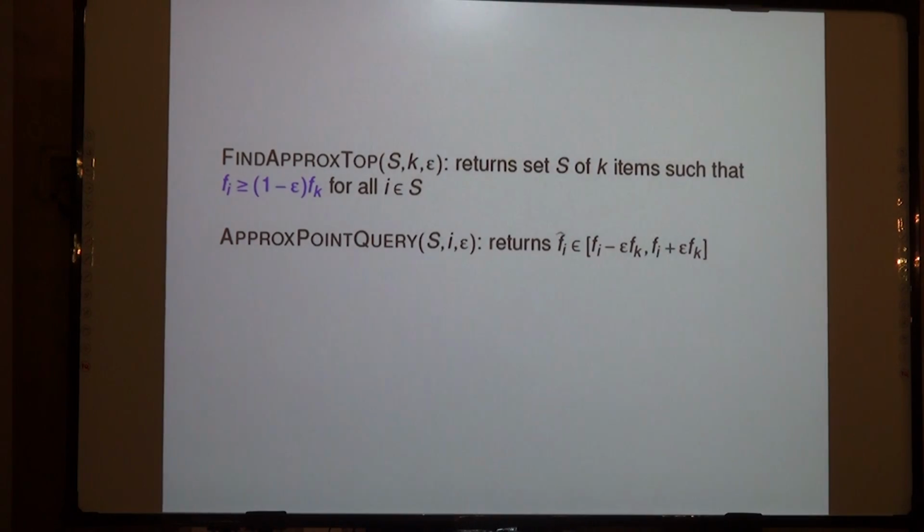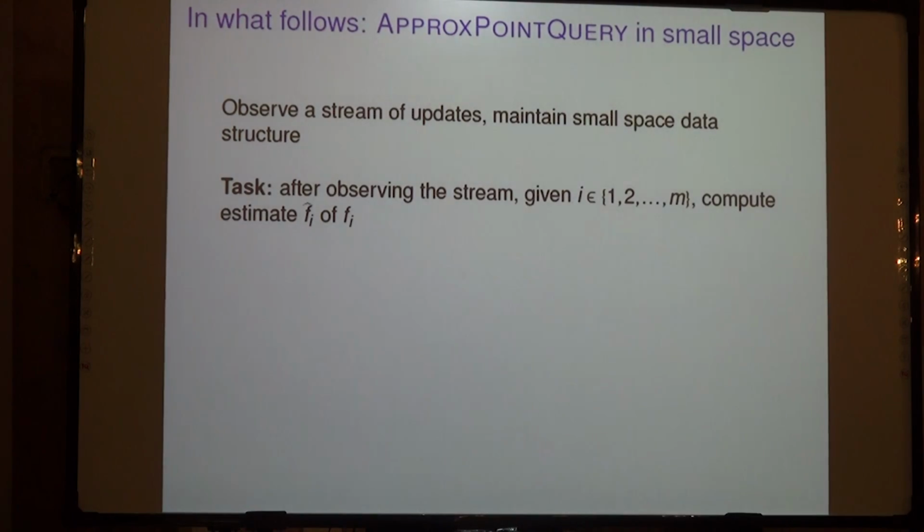So we might make some mistakes, but these mistakes will be around the edges. If f_k is the least frequent item that we care about, maybe we'll return somebody slightly less frequent, but it will not be much less frequent.